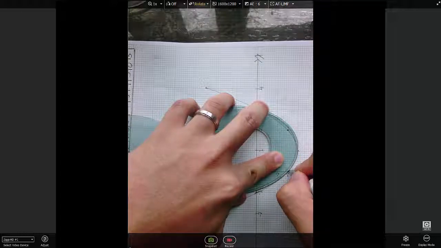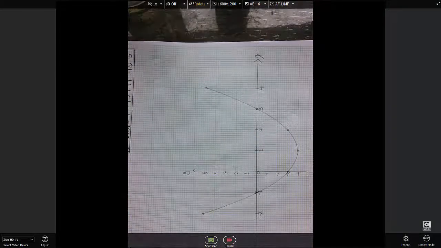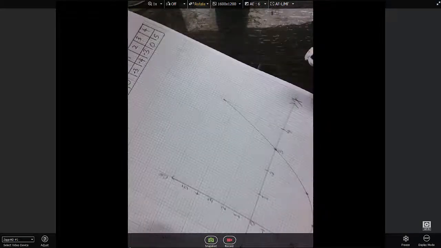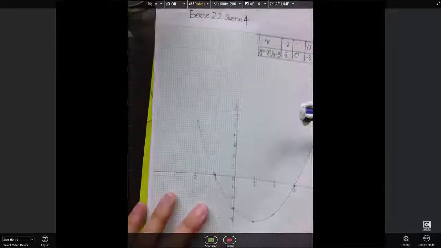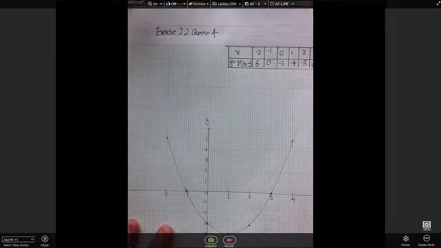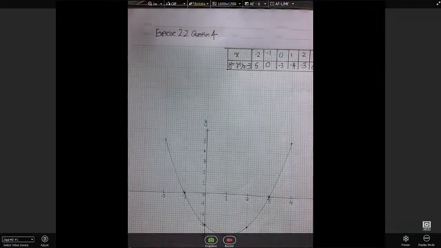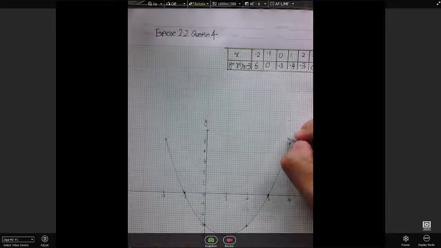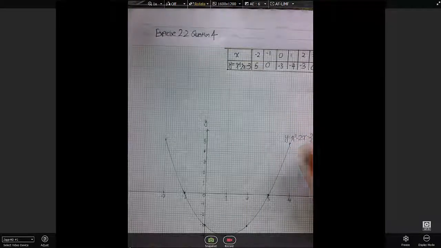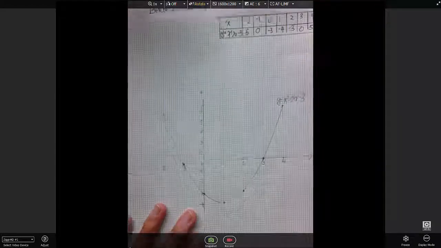Then I connect this part here like this. And I have a wonderful curve. I shall now label the graph y equals x squared minus 2x minus 3. My graph is labeled.